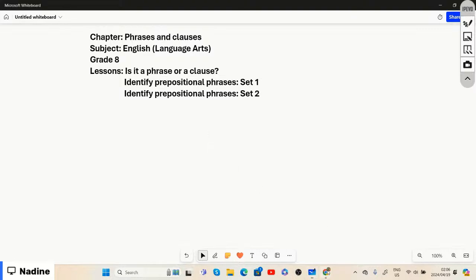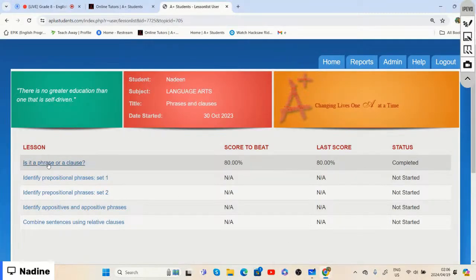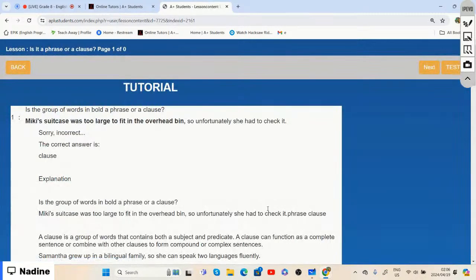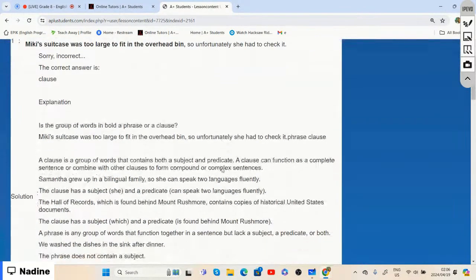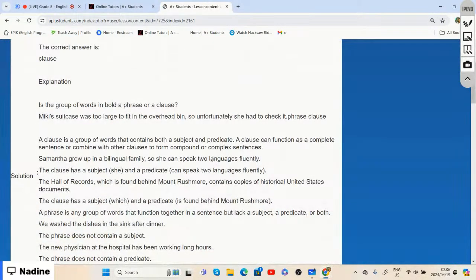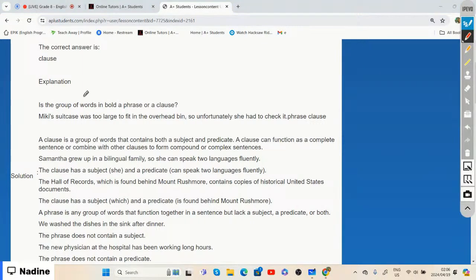All right. So the question is, is it a phrase or is it a clause? A clause is a group of words that contains both a subject as well as a predicate.